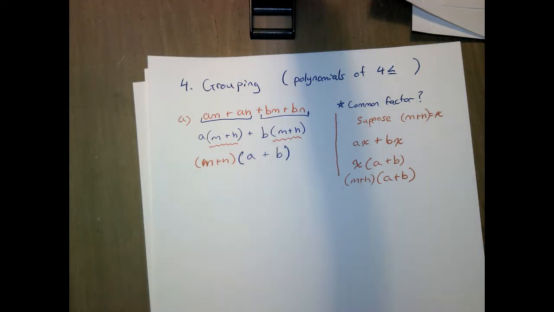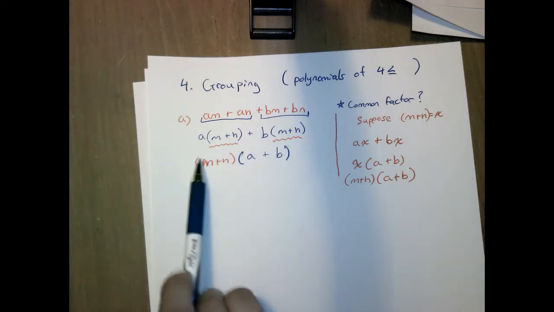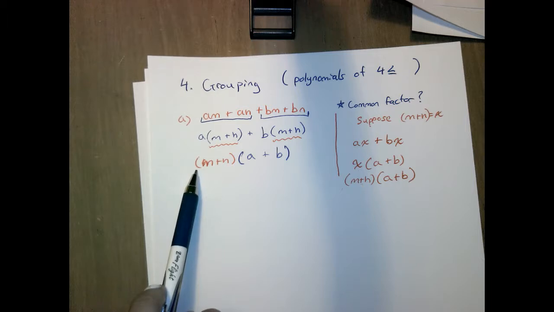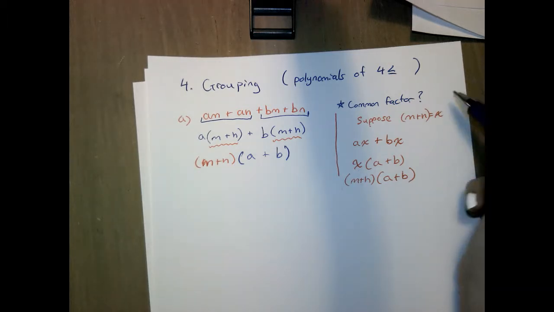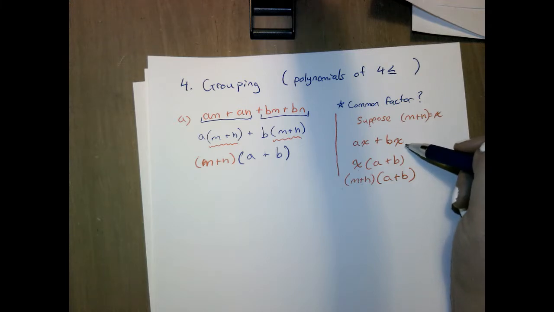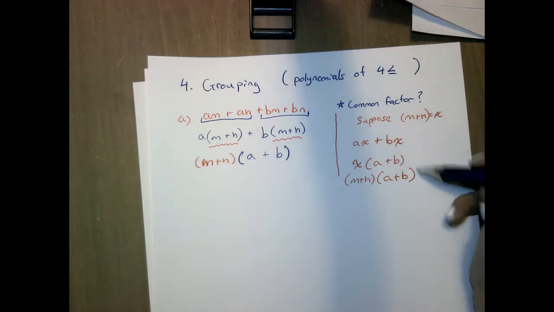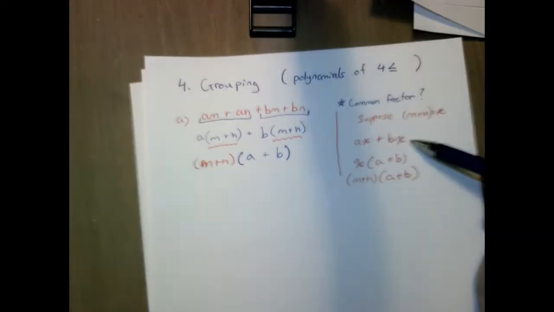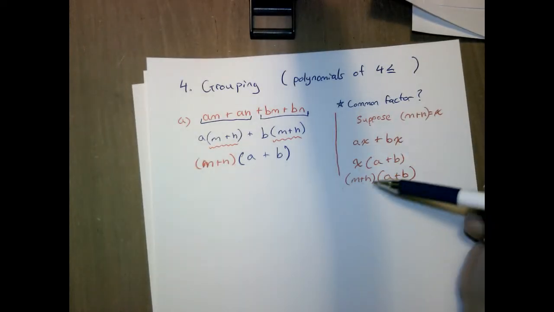So if this idea of going from this step to this step was confusing for you, consider replacing m plus n with an x, right? And then factoring out that x instead. And this is kind of the general idea of how when we factor out a binomial, it's the same as just factoring out a variable.